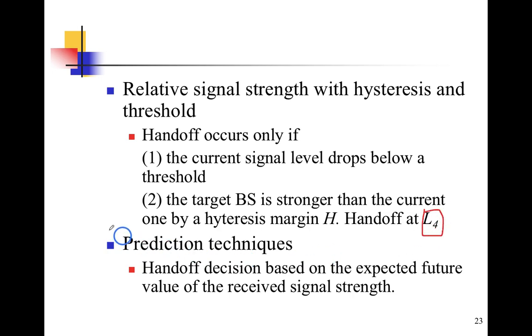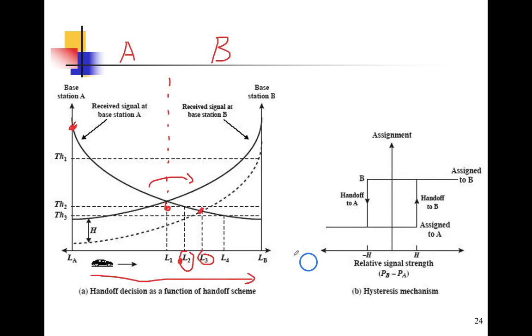And then there is another one, a prediction technique. Handoff decision is based on the expected future value of the received signal strength. This is not in the graph; they are using what we call prediction.